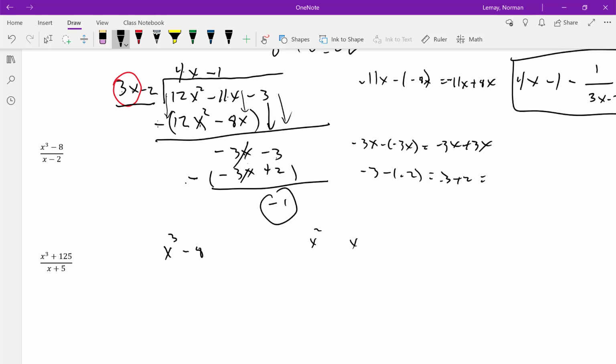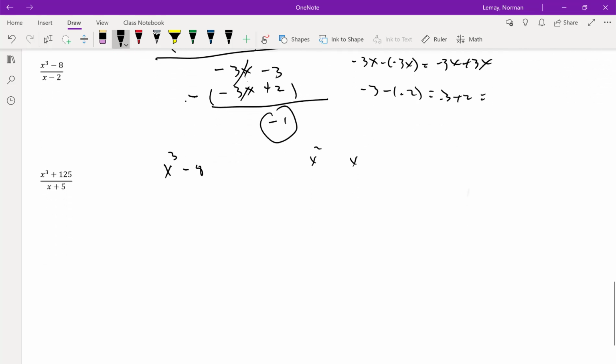And when the terms are missing, remember, anything that's missing is multiplied by 0. So here, before we do anything, we go x cubed plus 0x squared plus 0x minus 8. And so now we want to divide that by x minus 2.